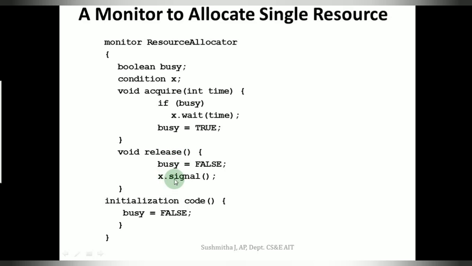And then you call the signal, where you can invoke the other process. In the initial code we give the default or initial values. Initially busy will be false, indicating that the resource is available. If any process uses it, it will turn that to true.